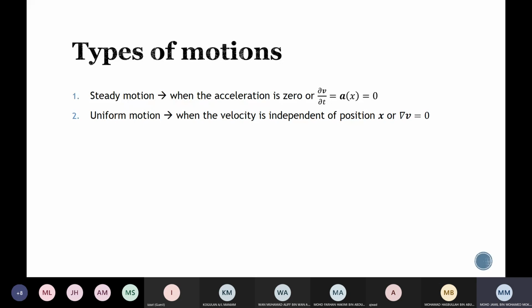Then a uniform motion is when the velocity is independent of position x, or the gradient of velocity equals 0. Okay, this will not come out in the exam. I just want to tell you that in steady motion the acceleration is 0, and uniform motion is when the gradient of velocity is 0.